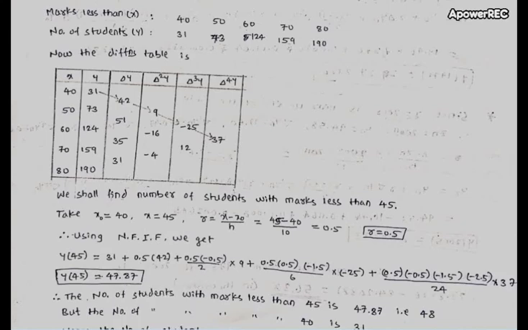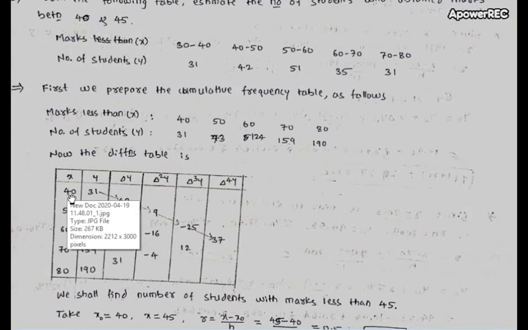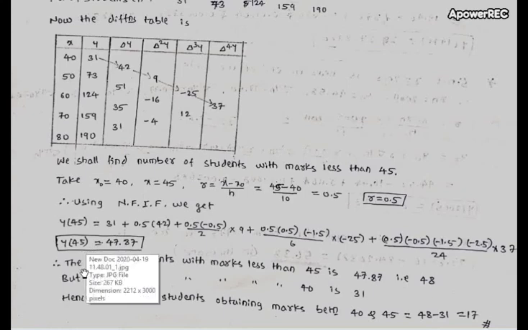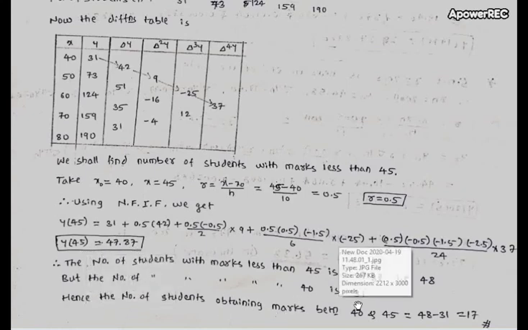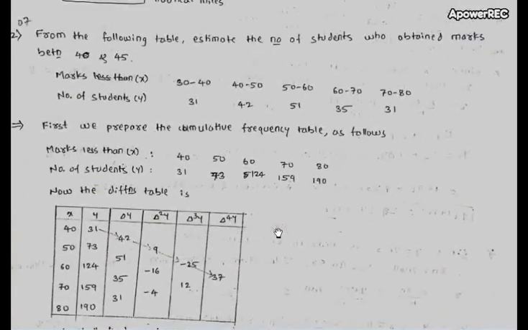When x is equal to 40, 31 students obtain marks less than 40. Here we will use the direct value of 31. Then we subtract 31 from the answer 47.87, which gives 17. So 17 students obtain marks between 40 and 45.